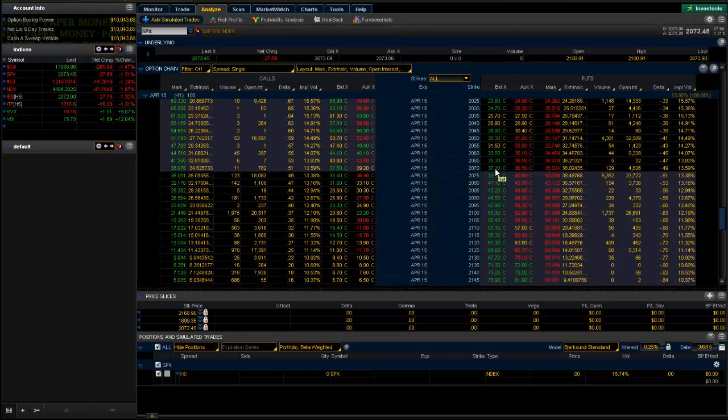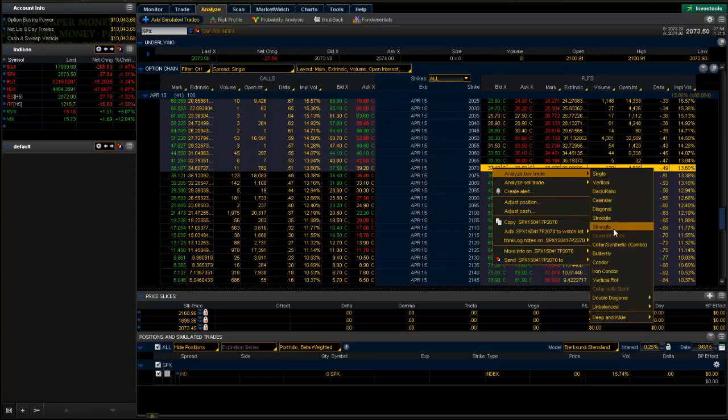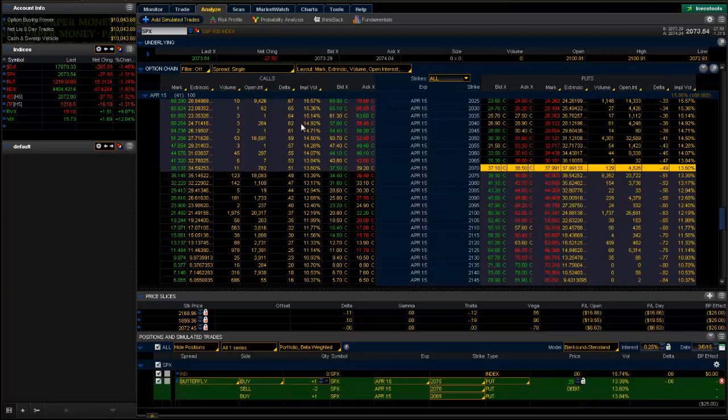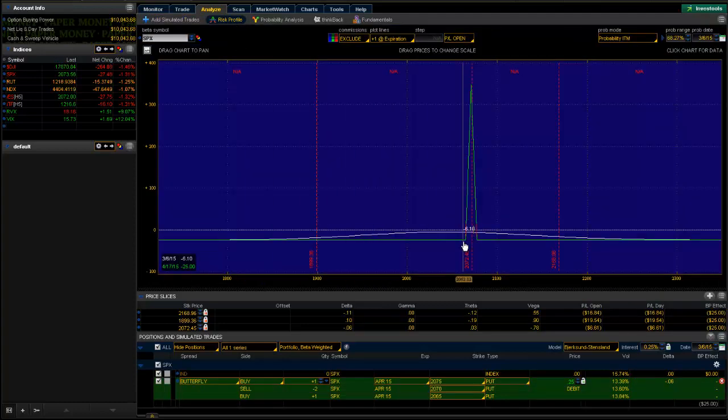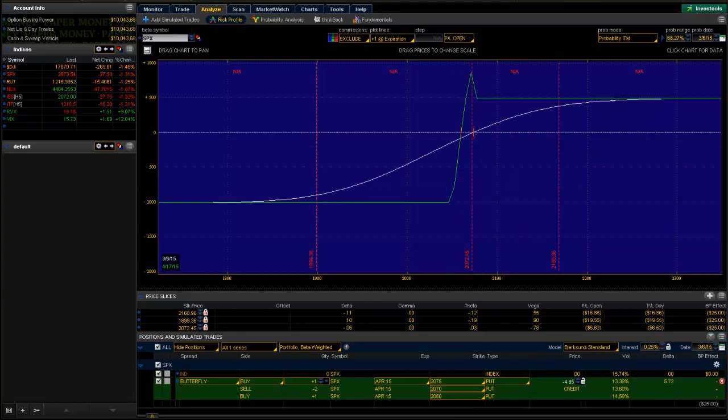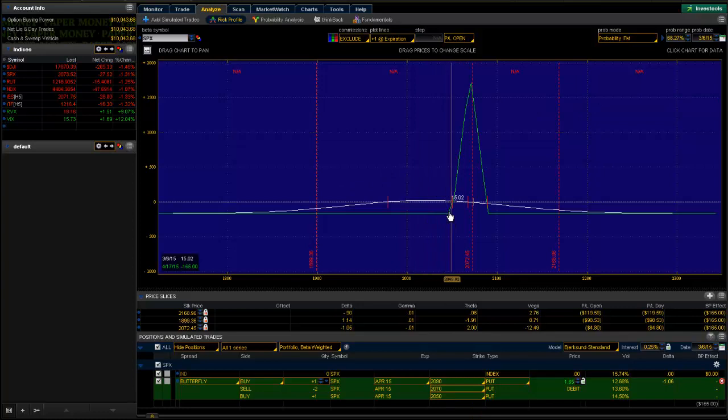So if I came right at the money, 2170, and I analyze buying a butterfly, what is a butterfly? Well, all a butterfly is, it's one long strike, and I have to make these a little bit wider to show you what I mean. A long strike is right here at 2050, the short strike is here at 2070, and the long strike here is at 2090.